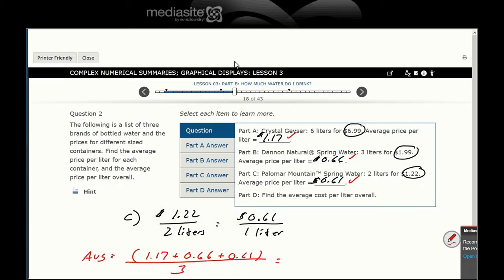Let's see what that gets us. That gives us 2.44 over 3, or about $0.81 per liter.